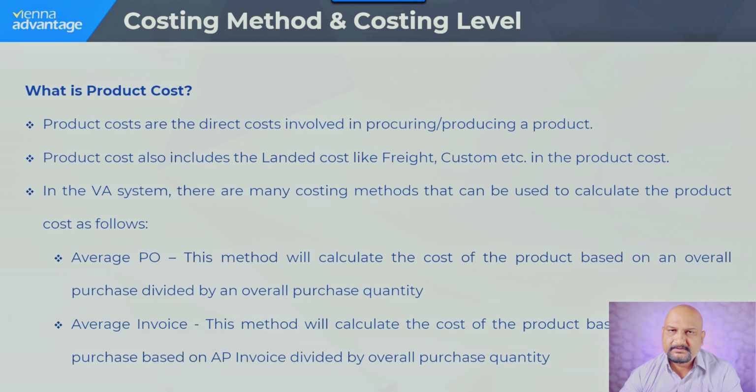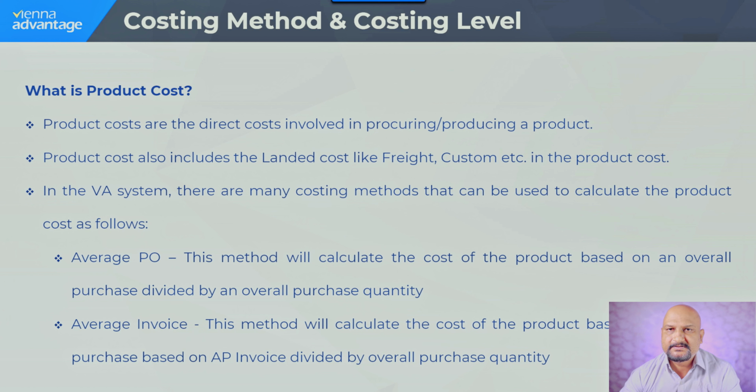That is the cost incurred to bring the material to our warehouses before we sell. These landed costs can be freight, labor, custom, etc., and they are also an important part of the cost. So basically the product cost is the direct and the indirect cost.